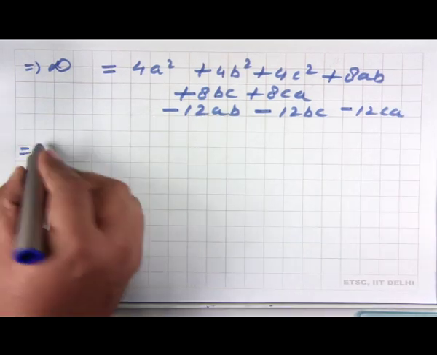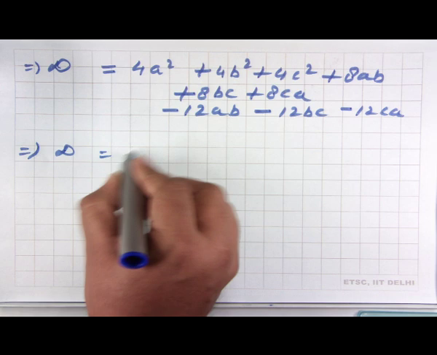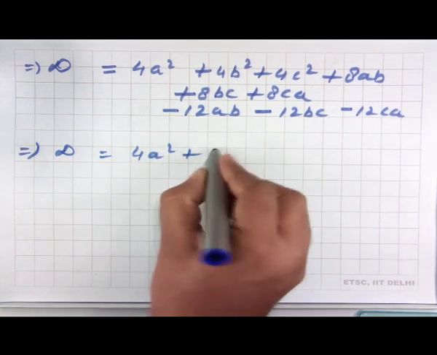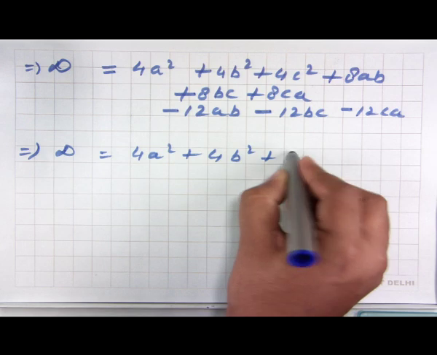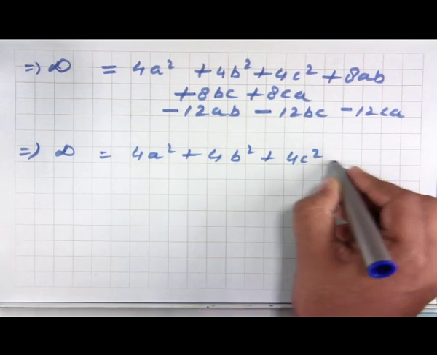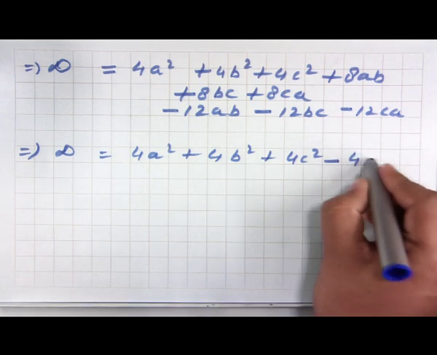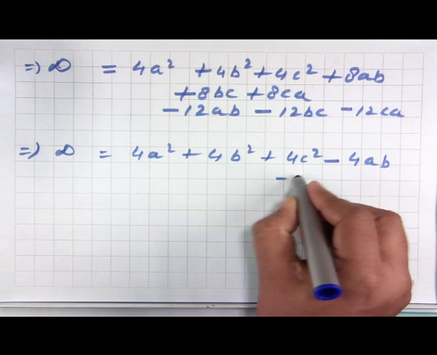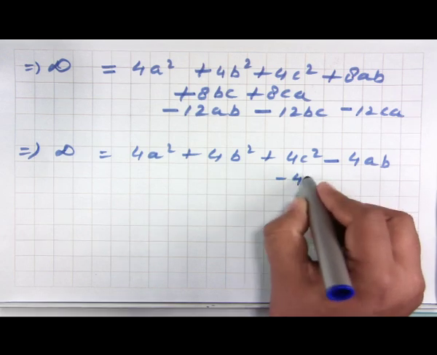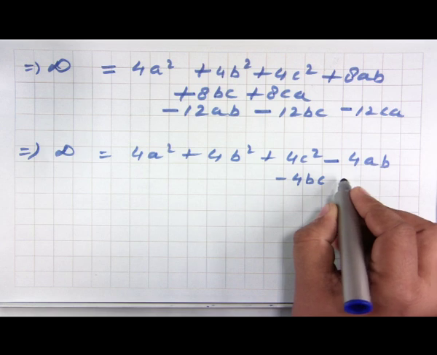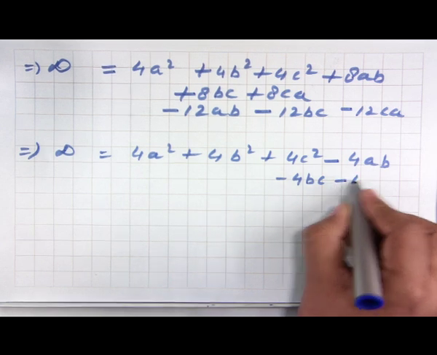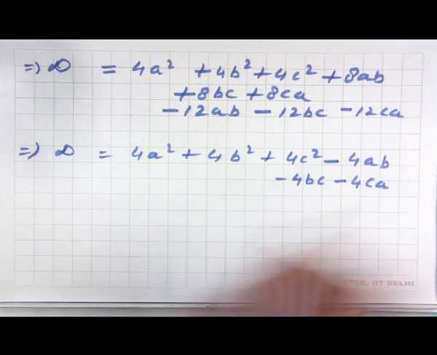Now d is 4 times of a square plus 4 times of b square plus 4 times of c square minus 4ab minus 4bc minus 4ca.